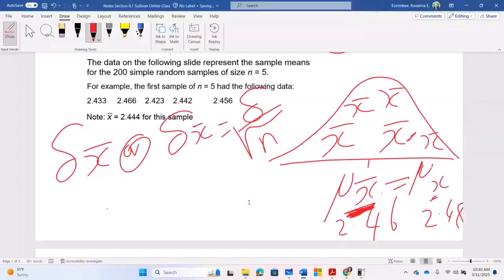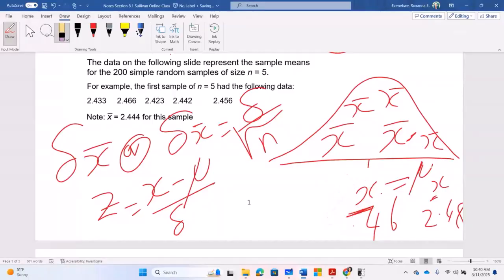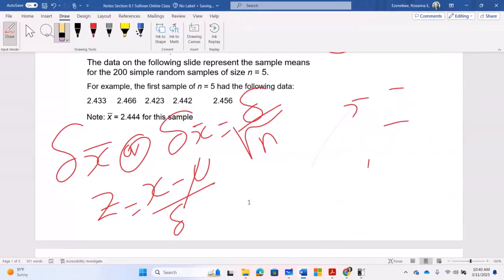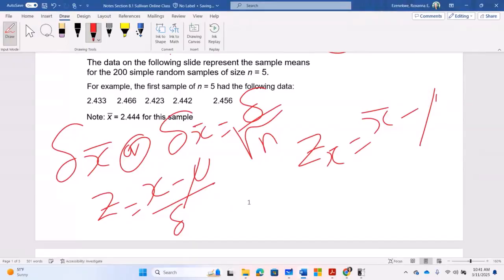The z-score of the original data is x minus mean over standard deviation. But the z-score of the central limit theorem is z x bar equal to x bar minus the mean of the central limit theorem, all over the standard error.